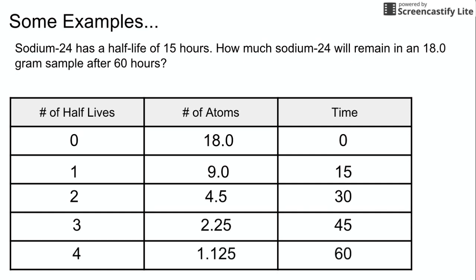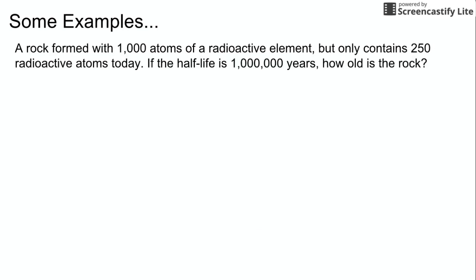Now this is the final step. 45 plus 15 is equal to 60 hours. 2.25 divided by 2 is equal to 1.125, and it has been 4 half-lives. So the answer would be 1.125 grams. That's how many grams we have now.